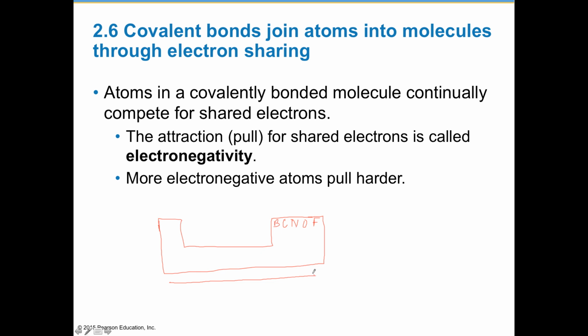Electronegativity increases as you go over the table and up the table. Here, fluorine is your most electronegative atom on the periodic table. So fluorine equals the most electronegative atom on the periodic table.